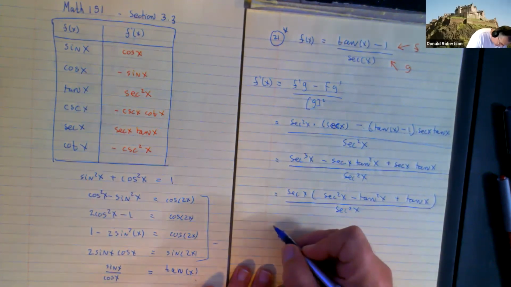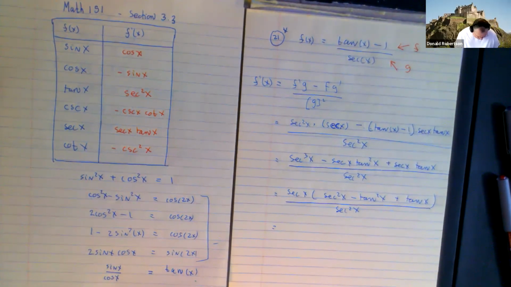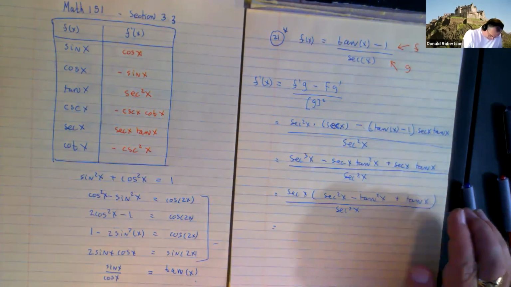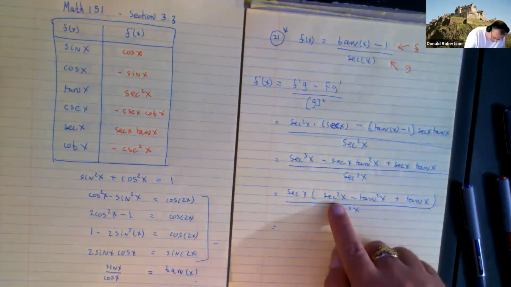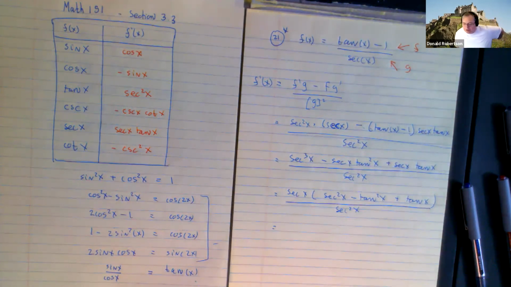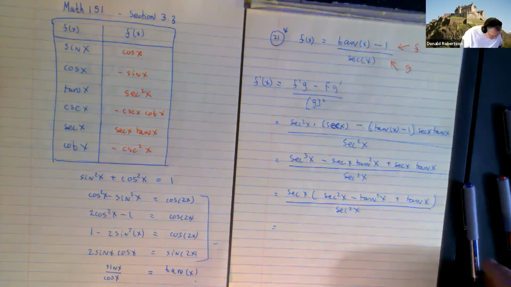Now things are going to get a little bit less clear. Secant squared X, take away tan squared X. That is actually a trig identity.